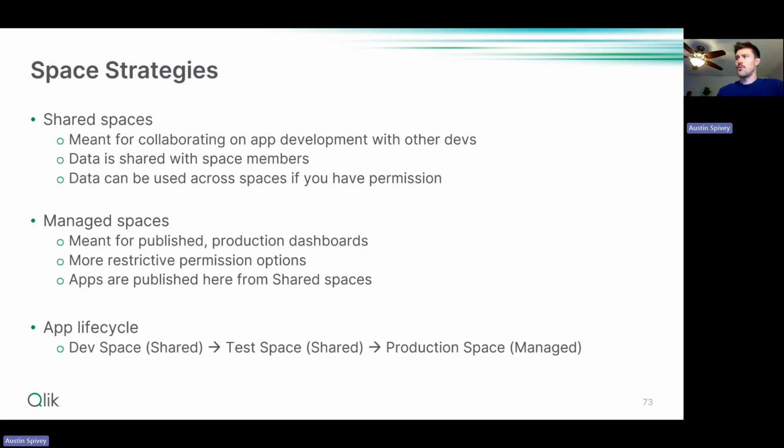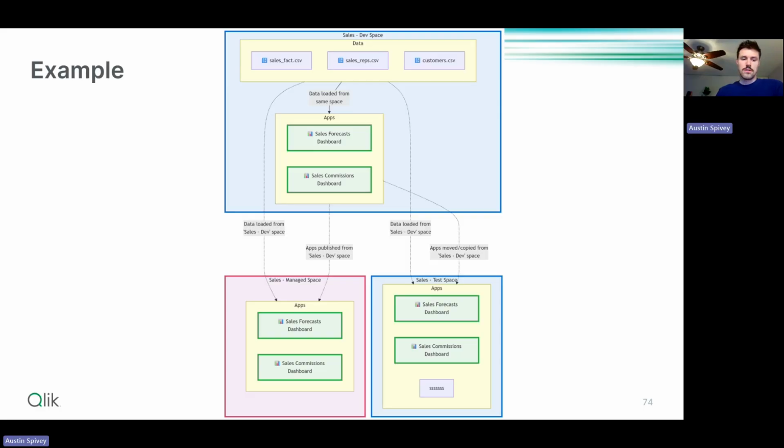So let's actually look at a quick example. This is a sales example that I was using, and basically the top box, that blue box, is we're imagining our dev space. That dev space has data files in that space, logically, physically, whatever.